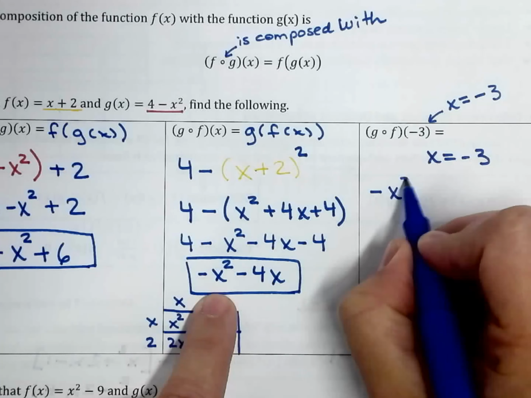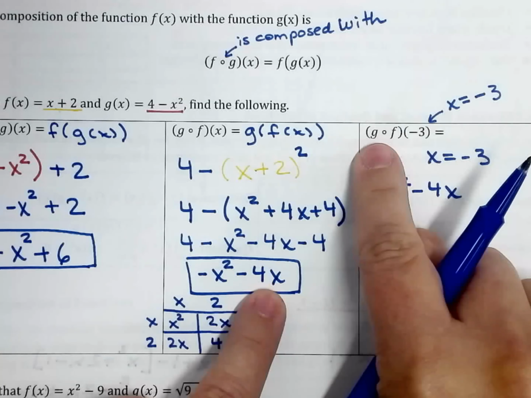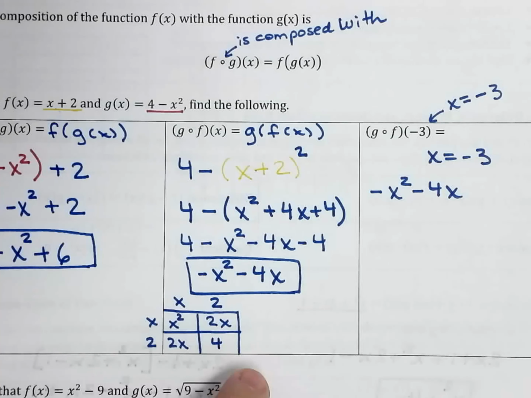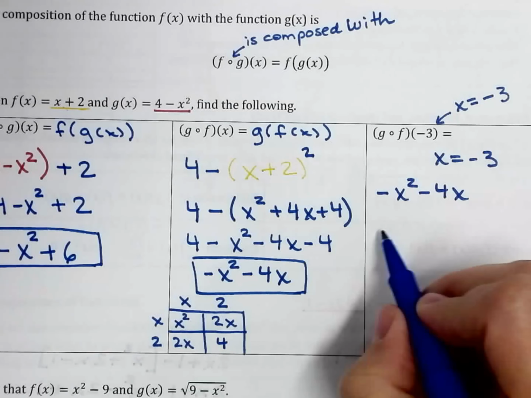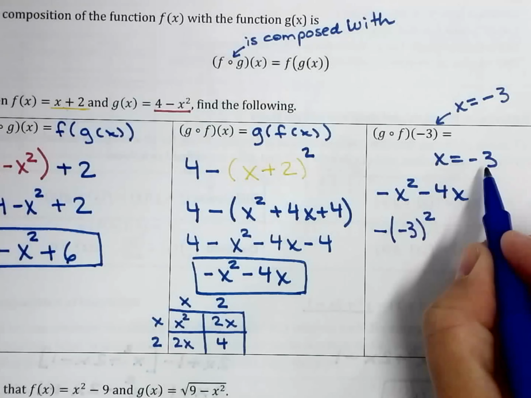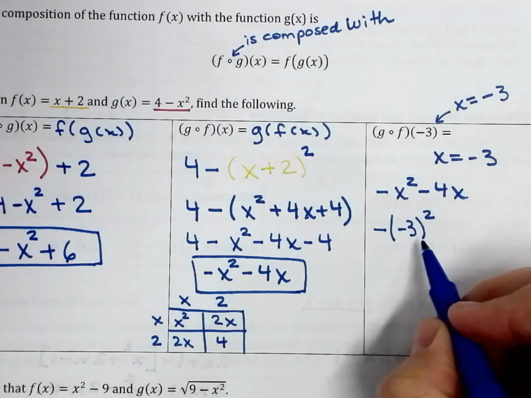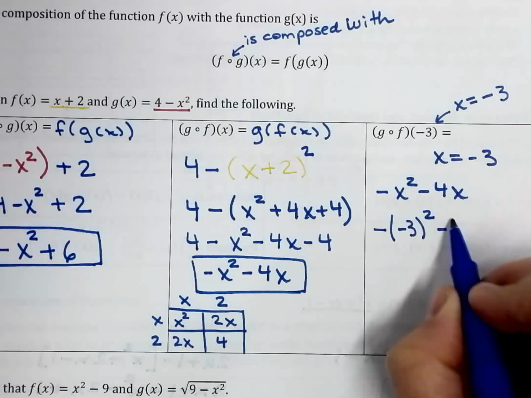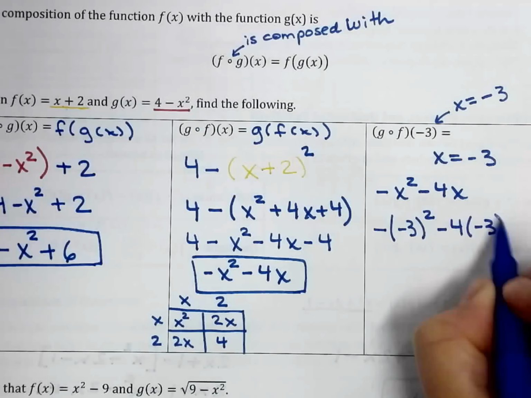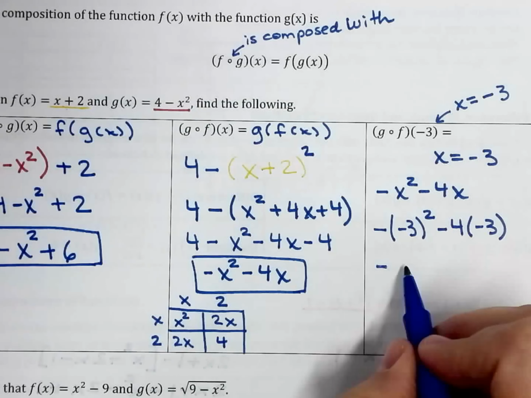So -x² minus 4x, and that came from the previous question because I already found what g is composed with f of x is. Now, just substitute that for x. Be careful because this is negative, and when you square a negative, you're going to end up with a positive. -4, substitute -3 right there. Square the negative, you get a +9.